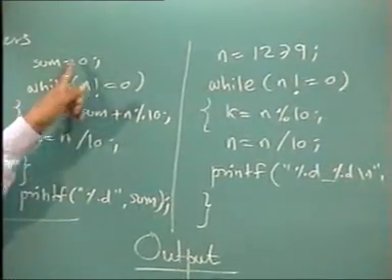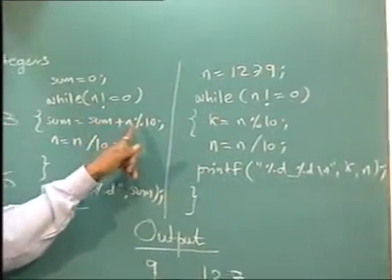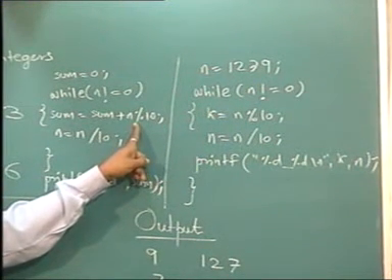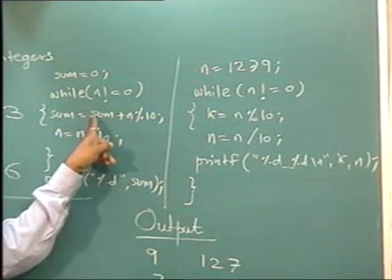Sum is initially 0. 0 plus n%10. What will be added? 9. 9 will be added. Sum will become 9.